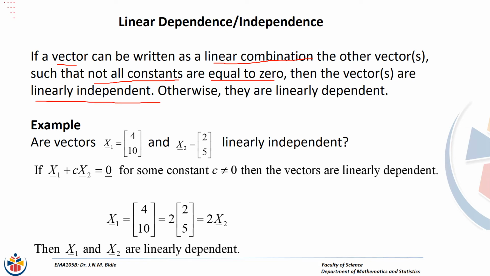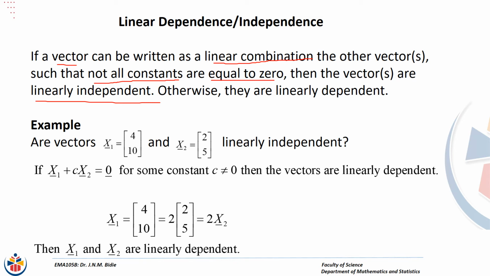So what it means is that you multiply each of those vectors by scalars, equate that to 0, and solve for the constants. And then you discover that there is a value for one of the constants that is not equal to 0. Then it means they are linearly independent.